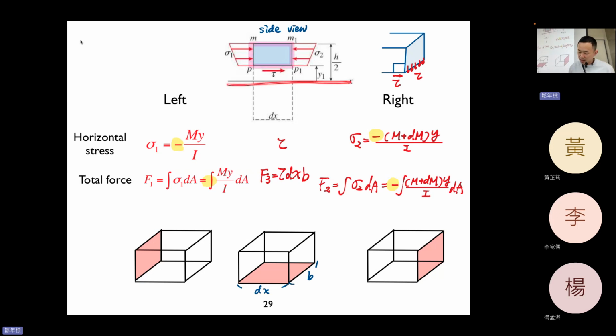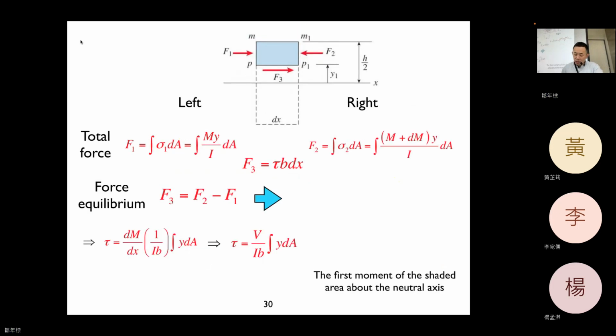You see here is X, right? So be really, really careful. Okay, next one. Let's continue. We have the force this one, force this one, force this one, left and middle and right. All we need to do is do force balancing. F3 plus F1 minus F2 equal 0. So you have F3 equal to F2 minus F1.